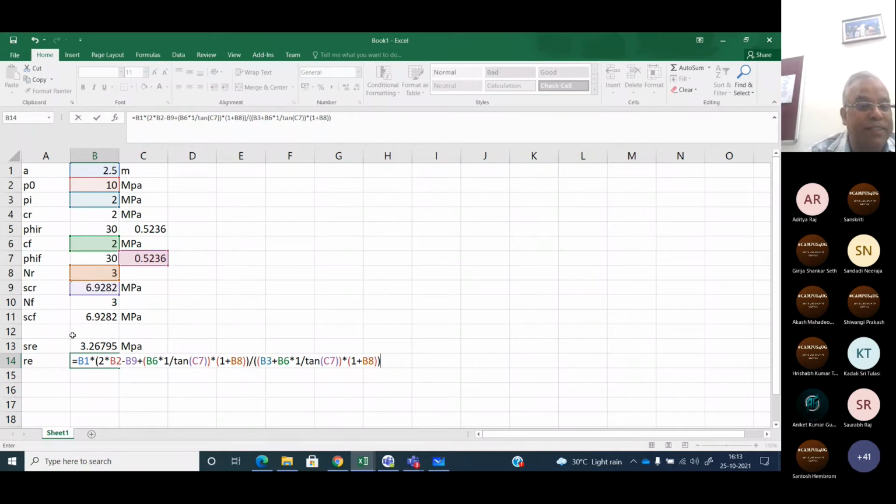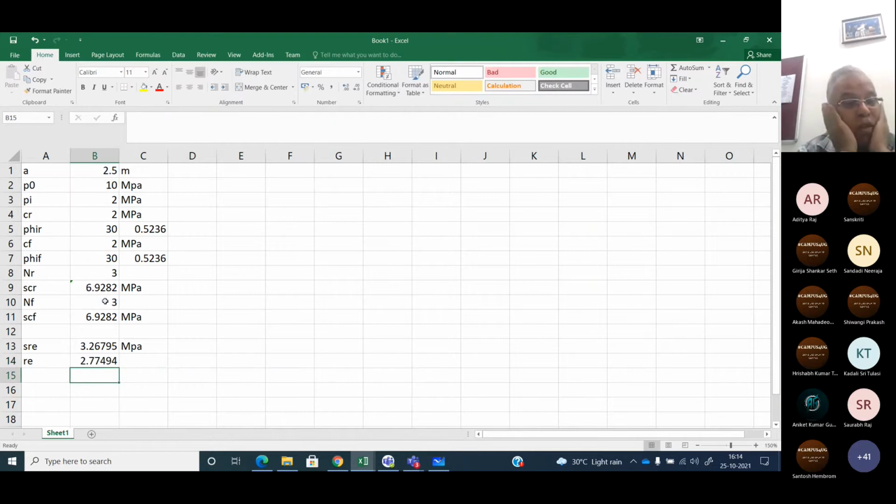Then this entire thing will be to the power 1 by NF minus 1. So this should give me that value. This is giving about 2.77494.